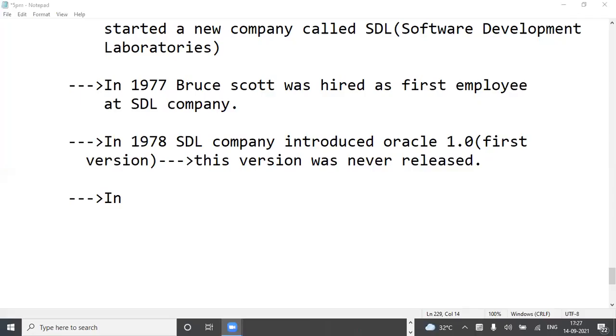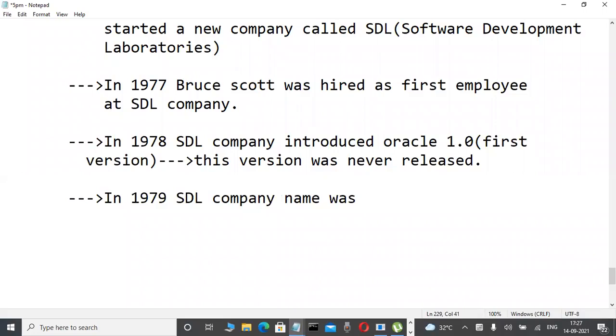In 1979, the STL company name was changed into RSI.